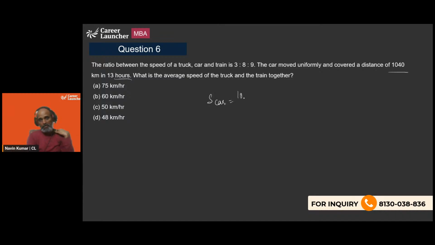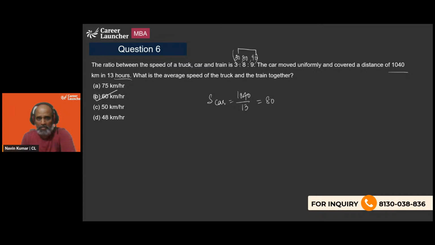It's going to be 1040 divided by 13. So this is going to be 80. So if the speed of the car is 80, that means the speed of the train will be 90 and the speed of the truck will be 30. So the average speed of the truck and the train together, which is the average of 30 and 90, is going to result in 60.